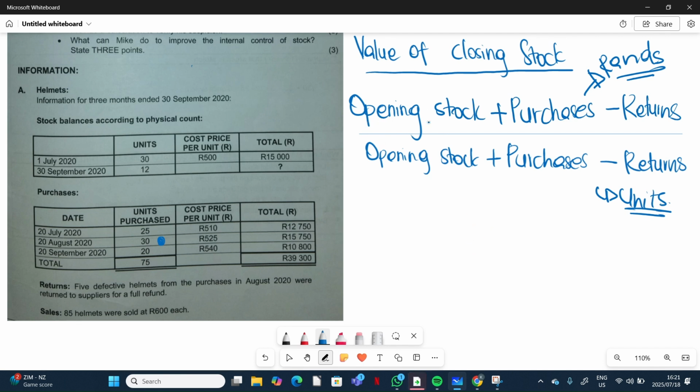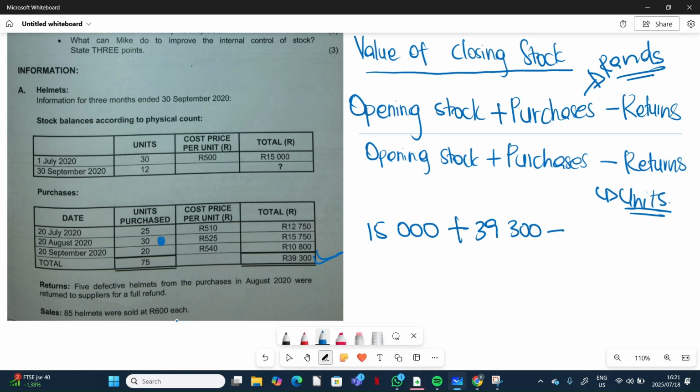The opening stock, how much is the value? It's 15,000 rands. So we have 15,000 plus our purchases. How much do we use for our purchases? We had 39,300 right there. That's the total. We're going to subtract the returns, right? How much of the returns are we going to have?